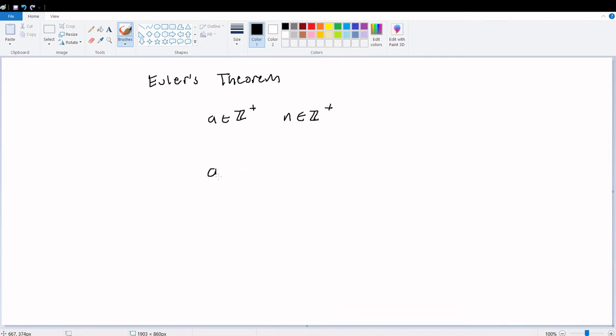Then I have that a to the phi of n is congruent to 1 mod n. Okay, first of all, what is phi?